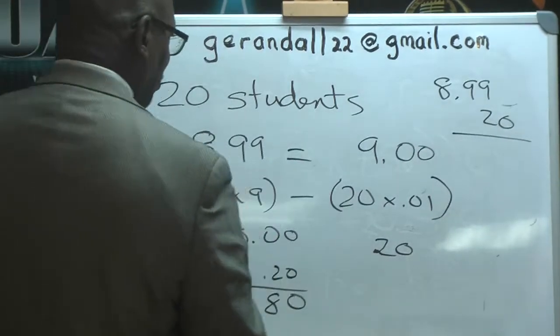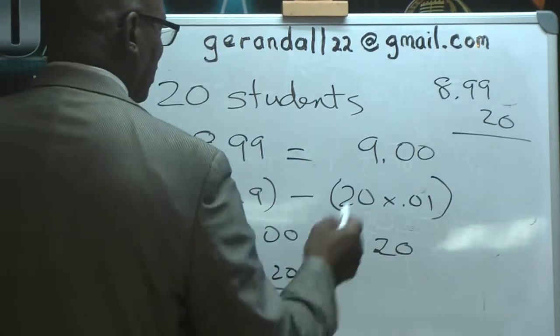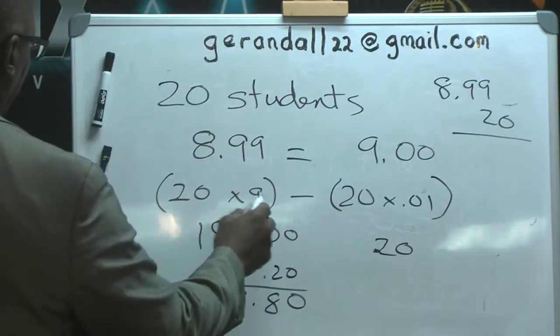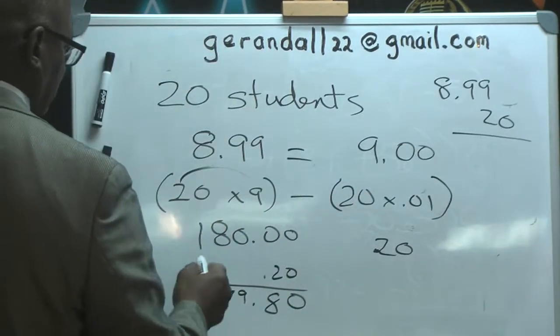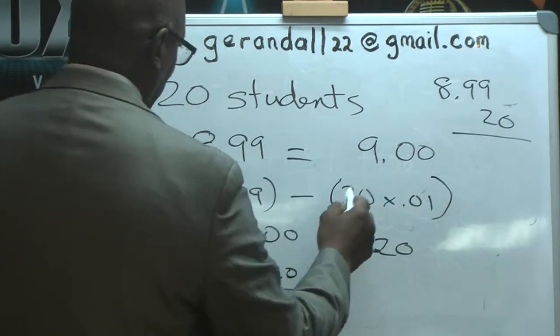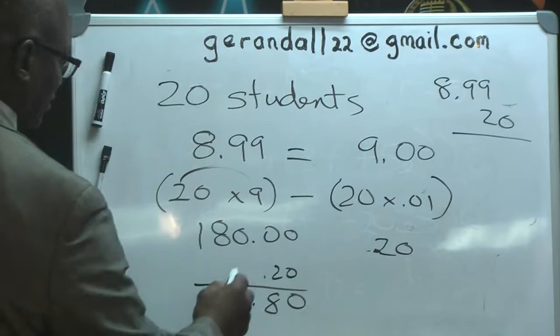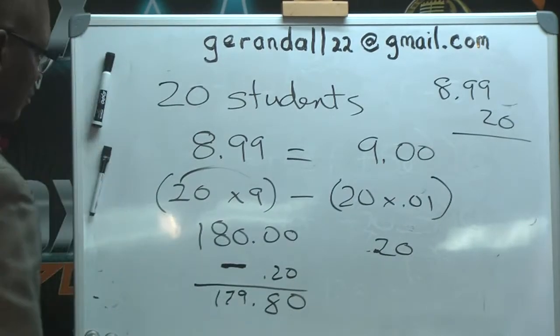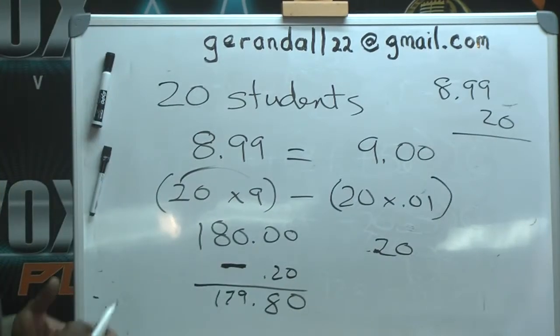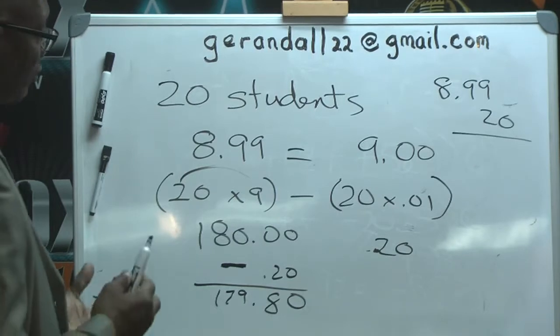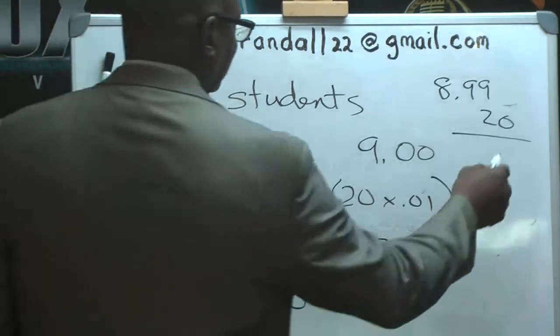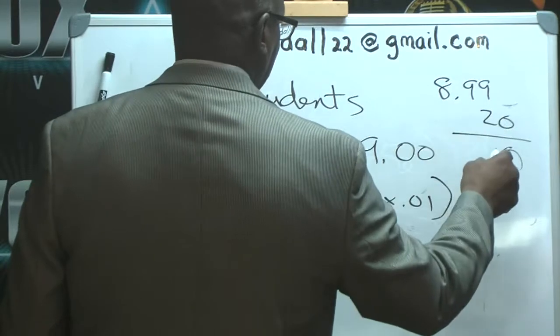The cost of the movie was $8.99. However, we, real quick, 180, easy to multiply 1 times 20, 20 cents, subtract. This will help us when we're taking those exams. Now again, we can check it.